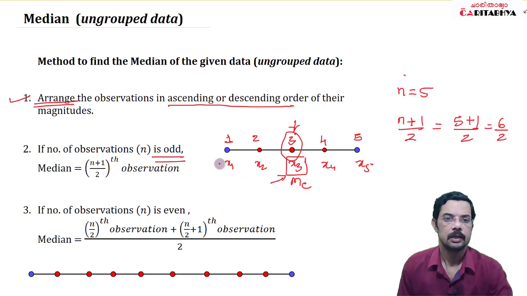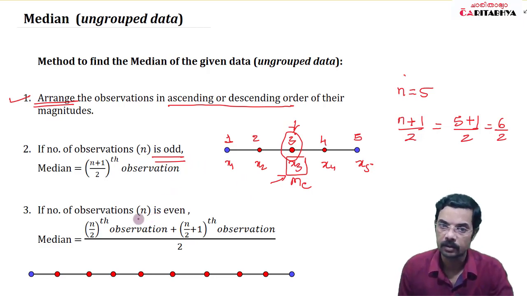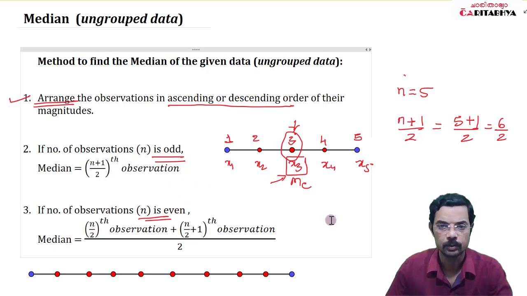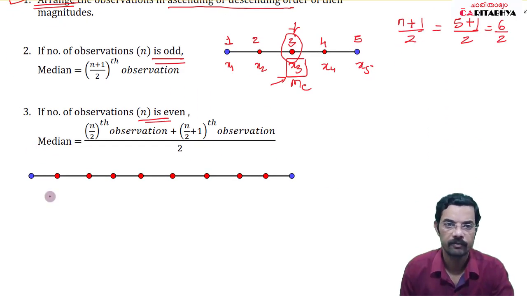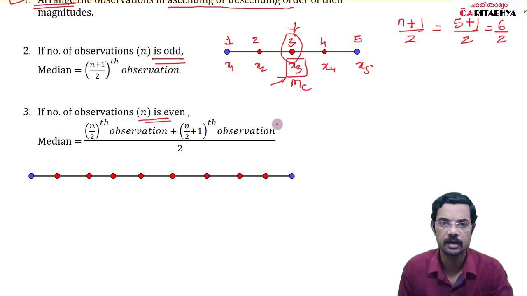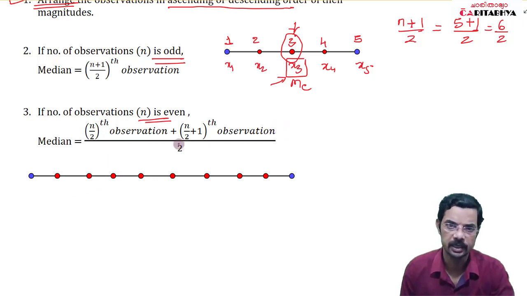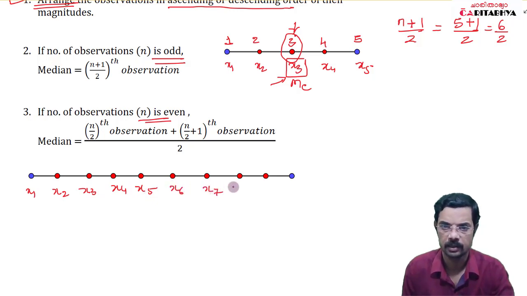Now what if n is even? Let us consider a situation. We have an even number of observations which are arranged in ascending order. This is say x1, x2, x3, x4, x5, x6, x7, x8, x9 and x10.